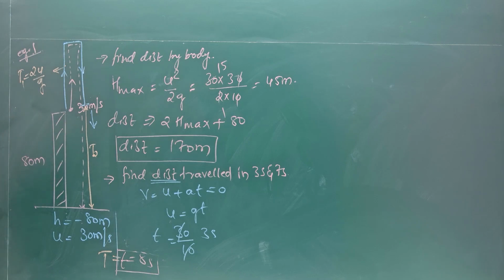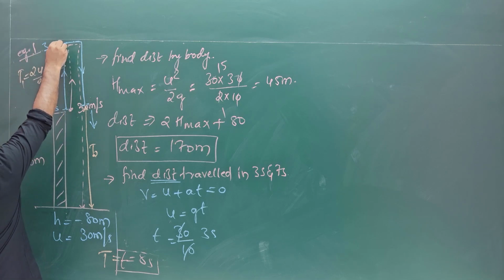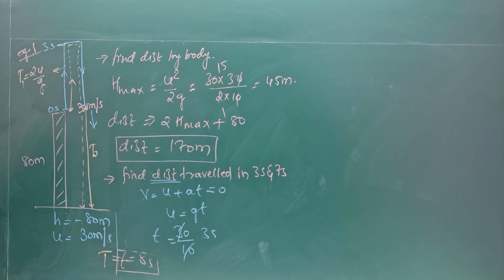Now what is the first question? Distance traveled in 3 seconds. If we want the distance traveled in 3 seconds, that means the body is still going in the upward direction. The body didn't return back. So if this is time 0 seconds, the body is reaching this point at 3 seconds. From here to here, are distance and displacement both equal? Yes, very good.